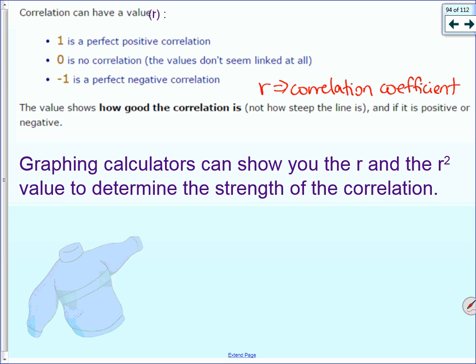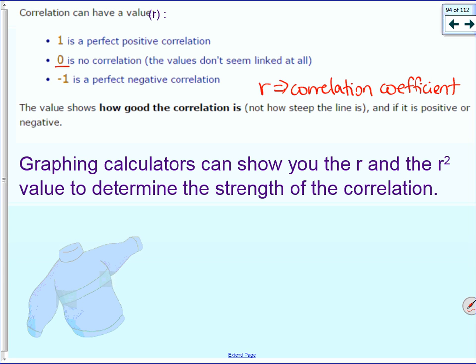So if I wanted to do a study that related a person's number of hours spent studying and their GPA, that would probably be a positive correlation. The more hours you study, the higher your GPA. If I wanted to do a study that related your shoe size and your GPA, that would probably be 0, no correlation.